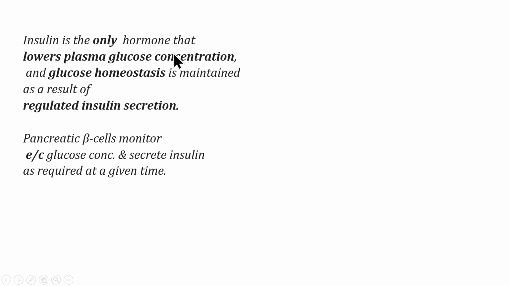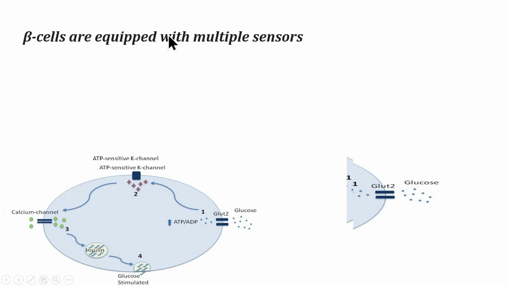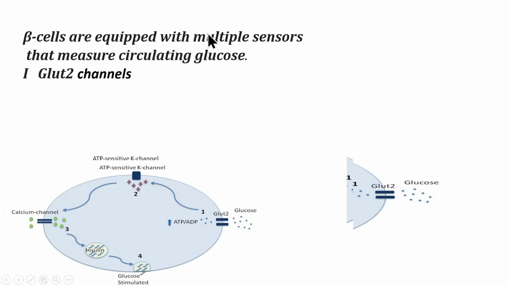Insulin is the only hormone that lowers the plasma glucose concentration, and glucose homeostasis is maintained as a result of regulated insulin secretion. Pancreatic beta cells monitor the extracellular glucose concentration and secrete insulin as required at a given time. The beta cells are equipped with multiple sensors that measure the circulating glucose.